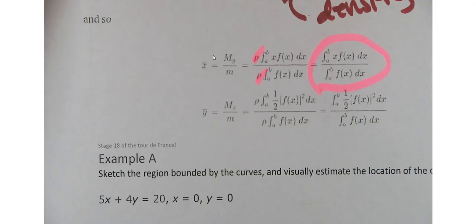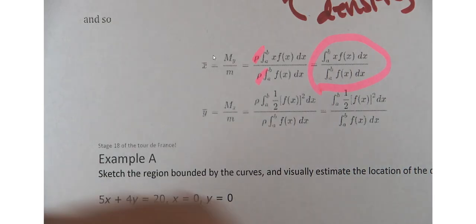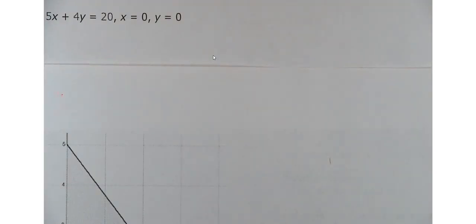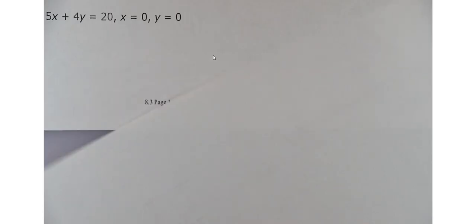So let's take a look at the first one here. Example A. I got this equation here, 5x plus 4y equals 20.